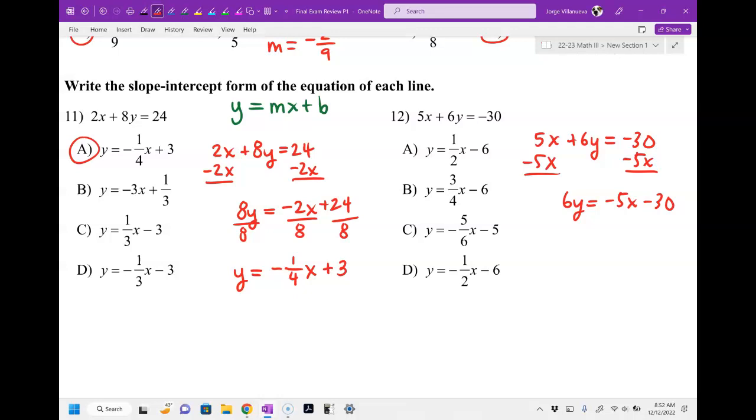And then I'm going to divide everything by 6. So every term gets divided by 6. That gives me y equal to negative 5/6 x minus 5. So that's C. All right, so that's number 12.